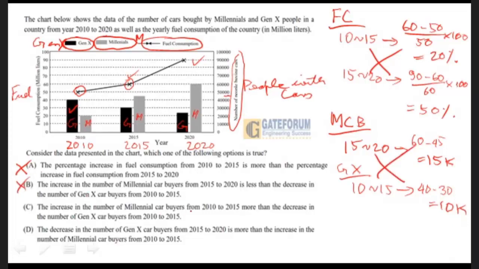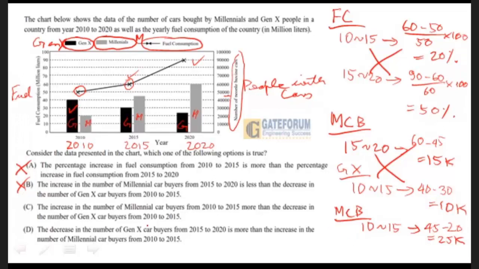Okay, the increase in the number of millennial car buyers from 10 to 15. Only the number, so 10 to 15, it is 20 to 45. So the increase is 45 minus 20, it is how much? 25.